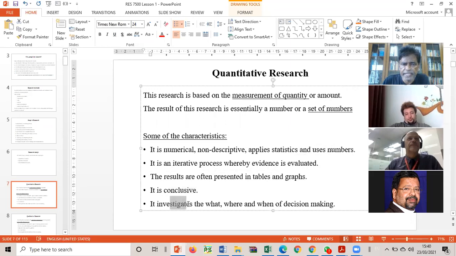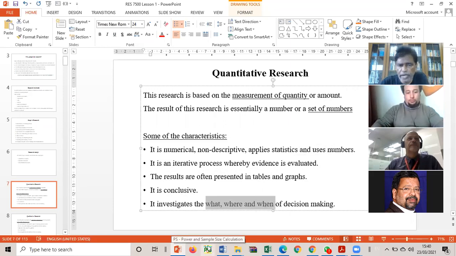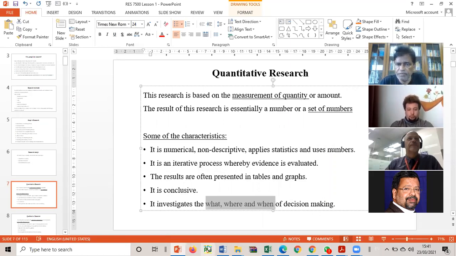It investigates the what, where, and when of decision making. So look at that, there's no why. The why only comes from qualitative. The what: what is the productivity? Where: which particular place? When: which particular time? Is it during COVID or non-COVID time? It investigates the what, where, and when of decision making.